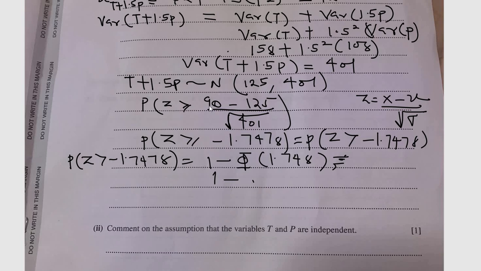So we have 0.9598. So 1 minus 0.9598 gave us 0.0402.